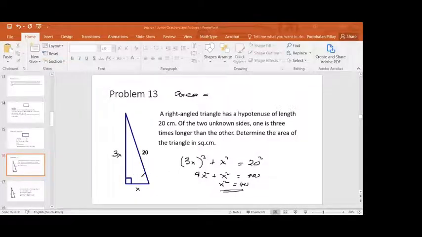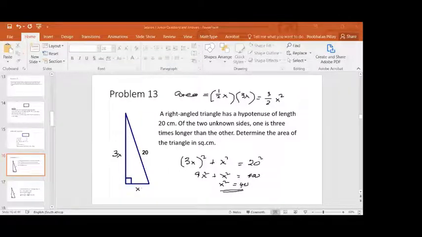The area is half base times height. It's a right angle triangle, so the perpendicular height is 3x. Then when you solve this, the numbers become 3 over 2, and x times x is x squared.